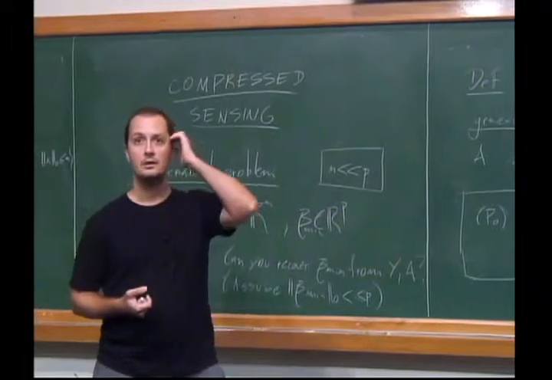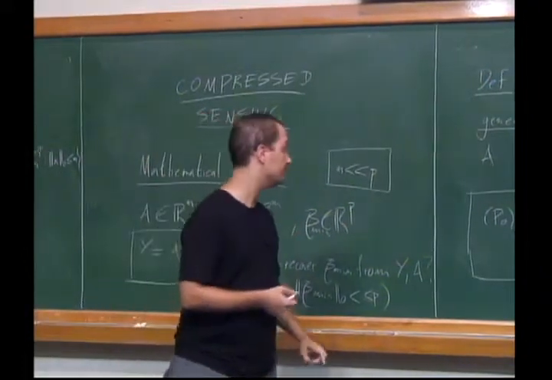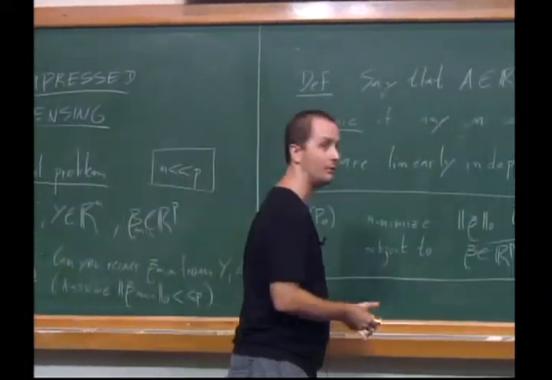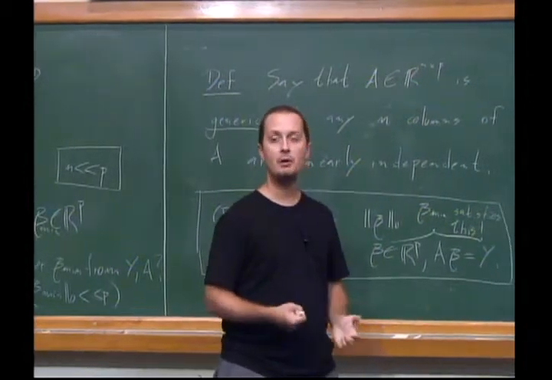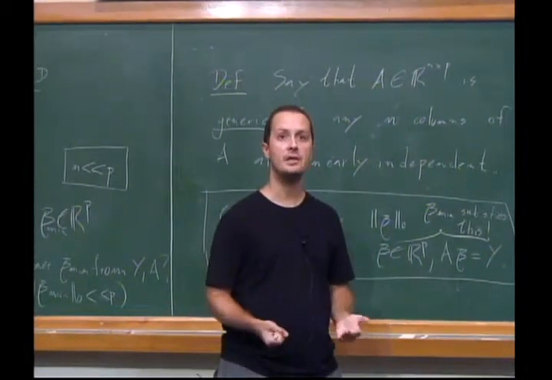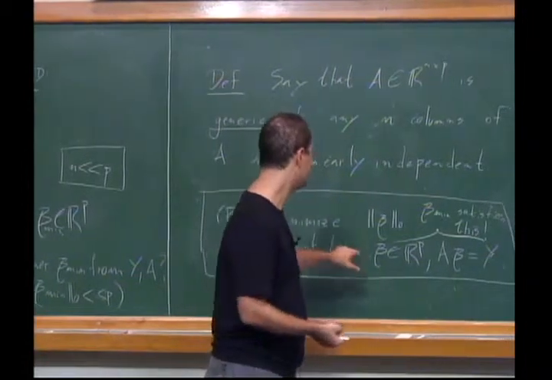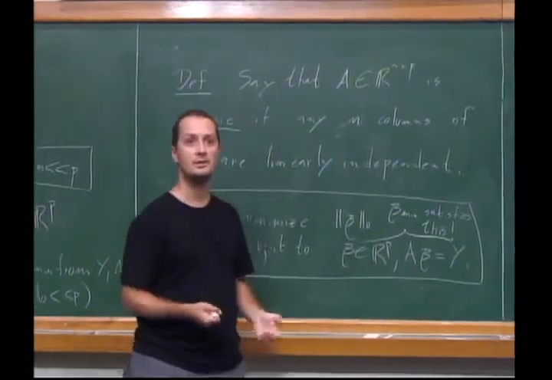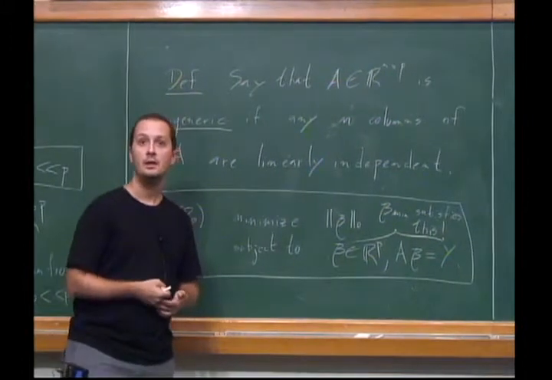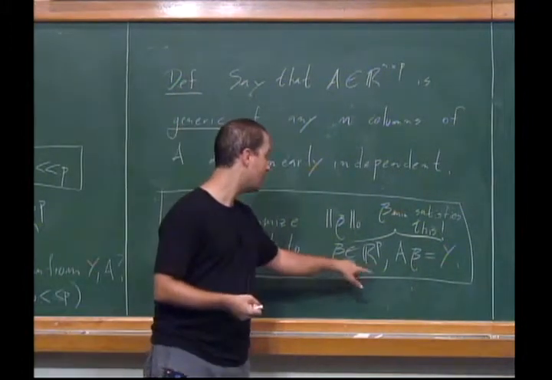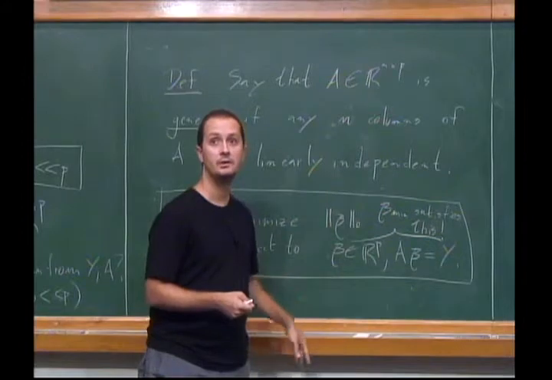Right? And we're going to modify the problem, as I said. So when you modify a problem, there's no guarantee that the solutions stay the same. But it turns out that for most choices of matrix A, and most means in some sense in probability, you can prove that the other problem has the same solution as this one.